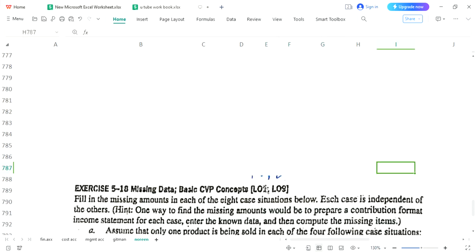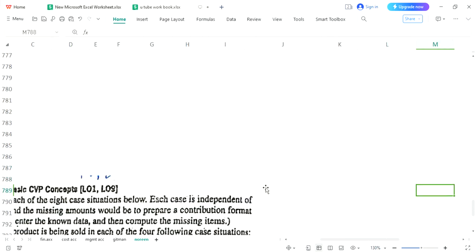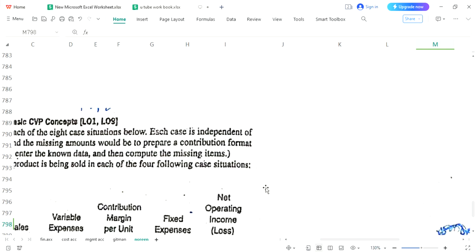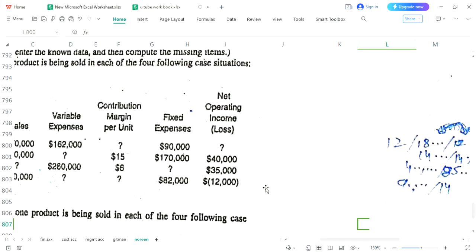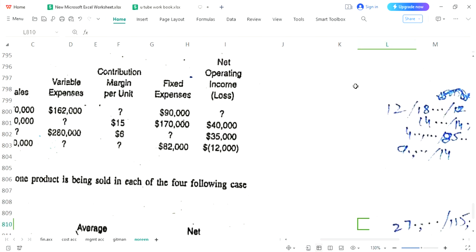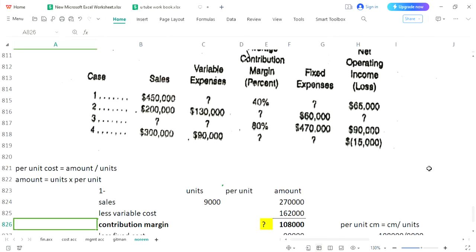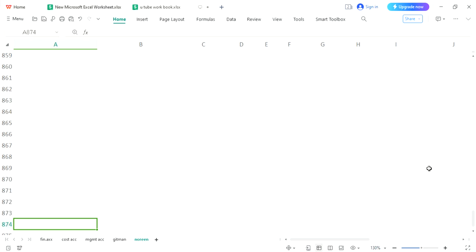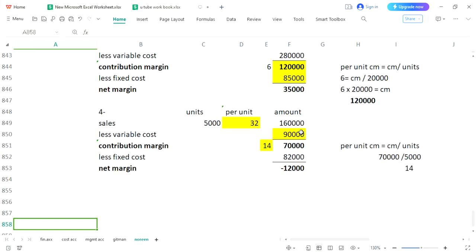So let's see the fourth part, second answer. The fourth part is this and the answer 14 is written over here. It means both answers, 90,000 and 14, have been calculated for the fourth part. So both answers have been calculated.